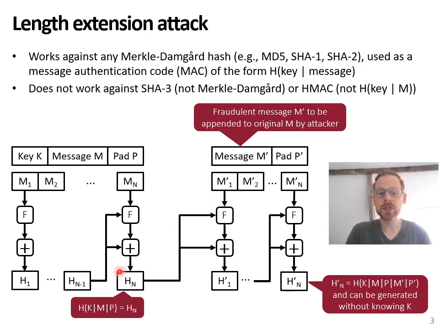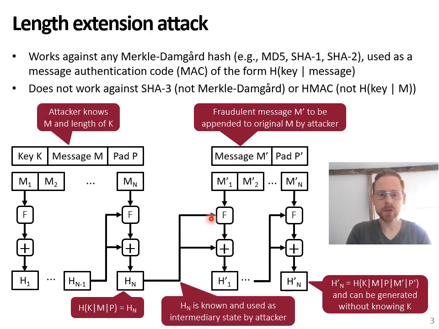The hash value hn, which the attacker can intercept, for example by eavesdropping on the network, can be used as an intermediary state for the hashing algorithm used to hash the new blocks m1' to mn'.